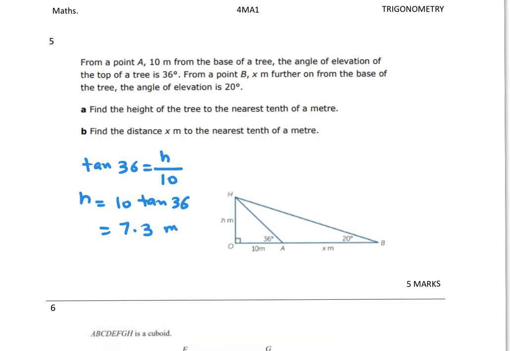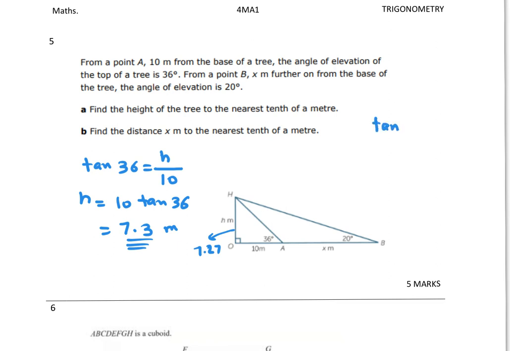Okay. Now we have h, we need to find x. For the large triangle, we have this angle 20, and we have the opposite, which is 7.3, and we can find the adjacent, which is BO. Then later we can subtract 10 to find x. We have the opposite now, 7.3, or more accurately 7.27, because 7.3 is rounded.